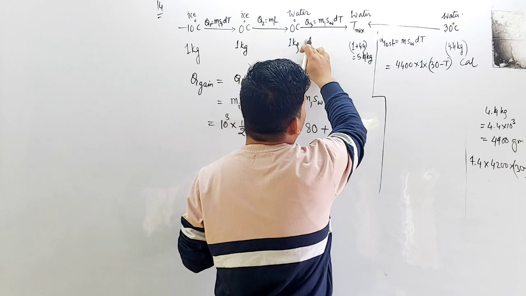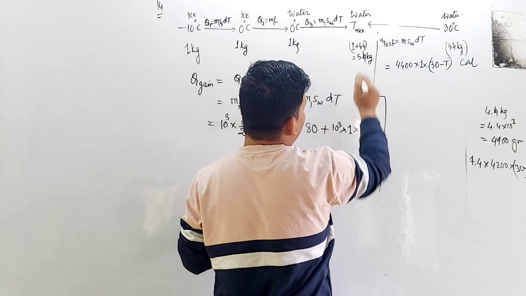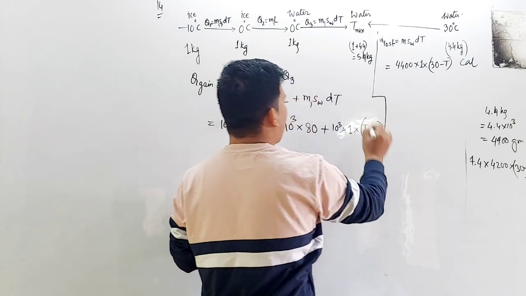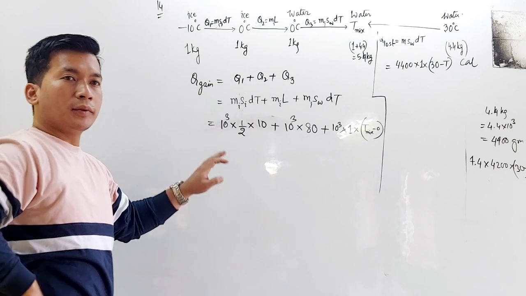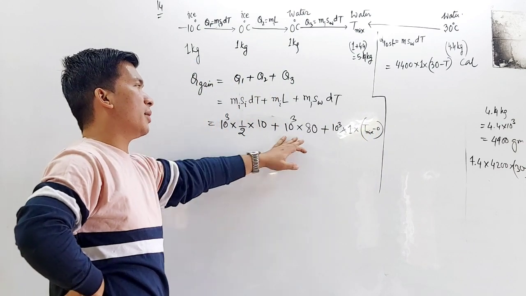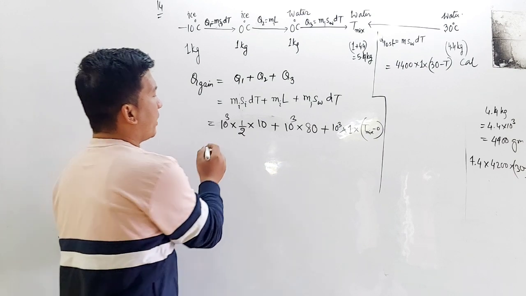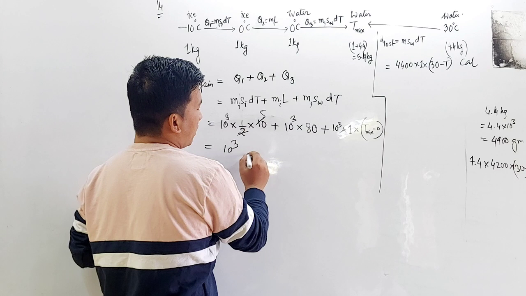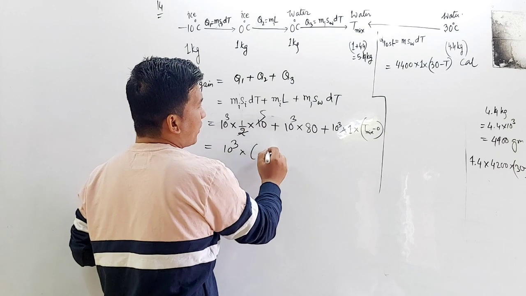We do not know it: the temperature is increased from 0 to T, so T mixture minus 0. Putting the respective values, we have 10 to power 3 taken common out, this is 5 plus 80, which is 85.